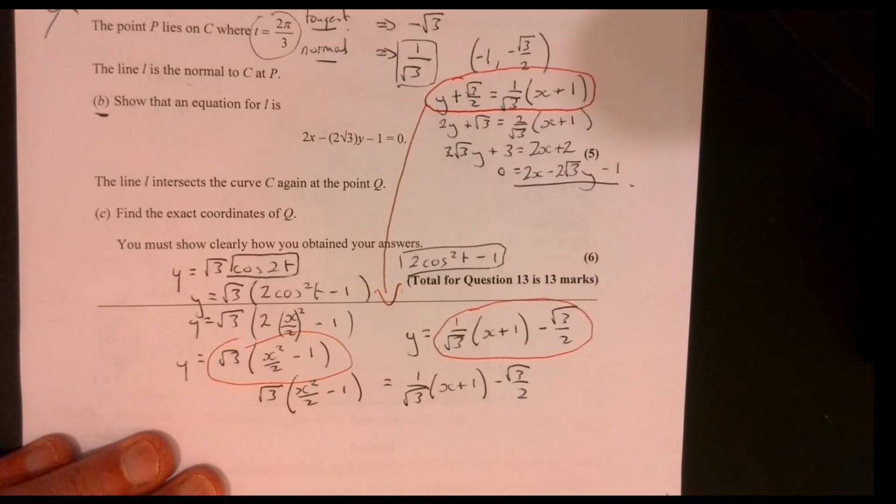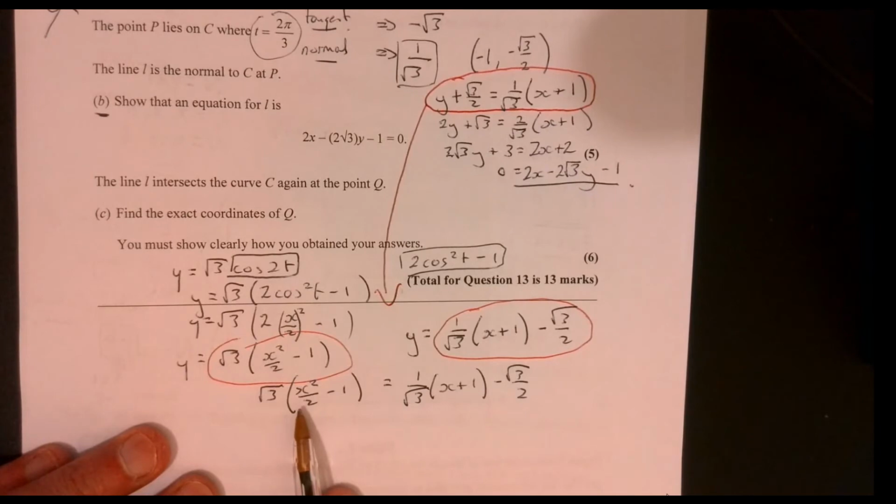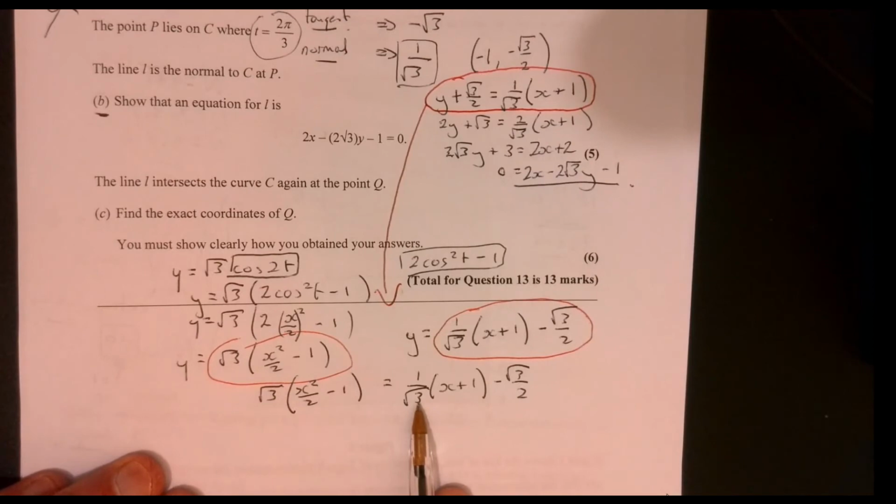Okay. So from here, what do we want to do? What's probably the best thing to do at this stage? Well, we could just multiply out these little brackets here. Wait a minute, if I multiply everything by root 3, that's a good idea, isn't it?